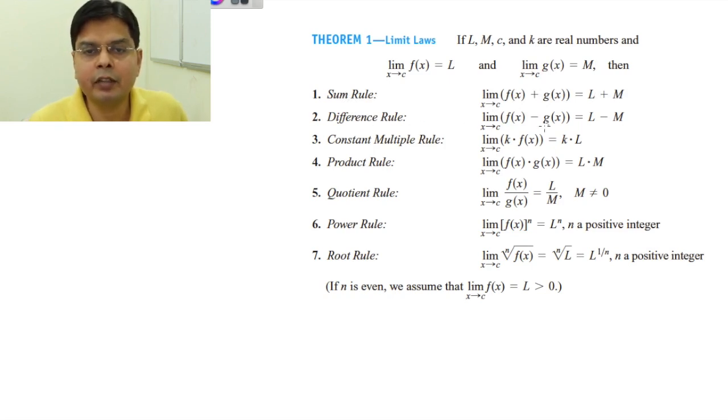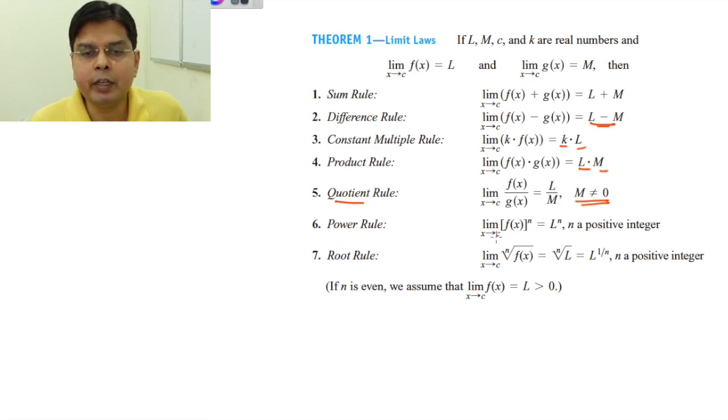Similarly, difference rule: the limit of a difference of functions will be L minus M. Constant multiple rule: suppose k is a constant and I have to find the limit of k f(x), I can take this k outside and the limit will be kL. Product rule: the limit of the product of two functions f and g will be L into M. Quotient rule: the limit as x tends to c of f(x) by g(x) is L by M, provided M is not equal to 0.